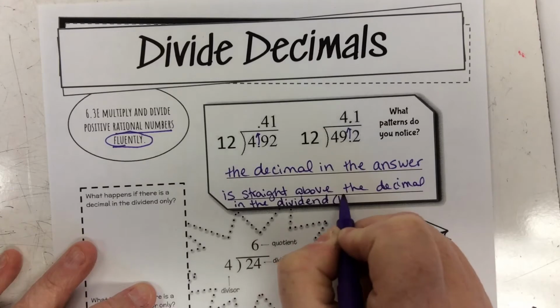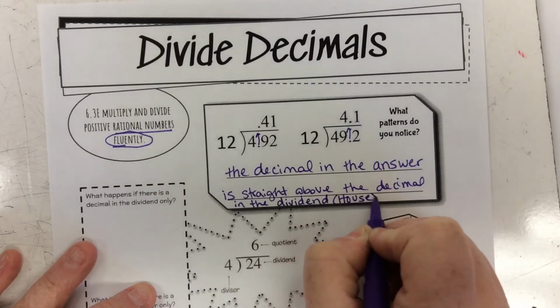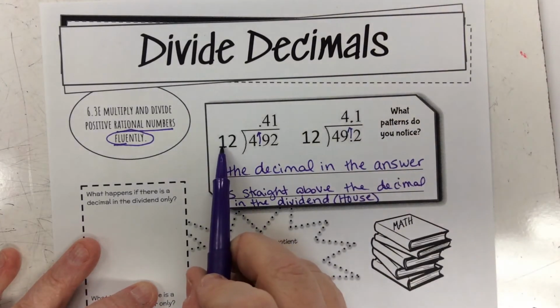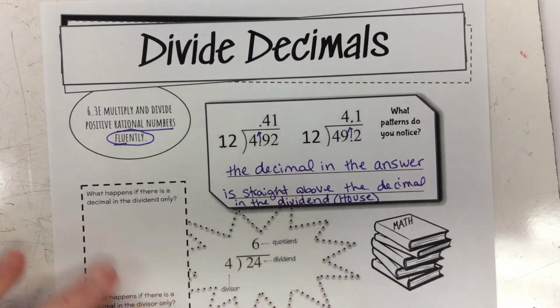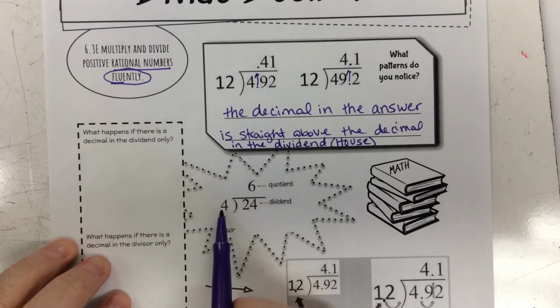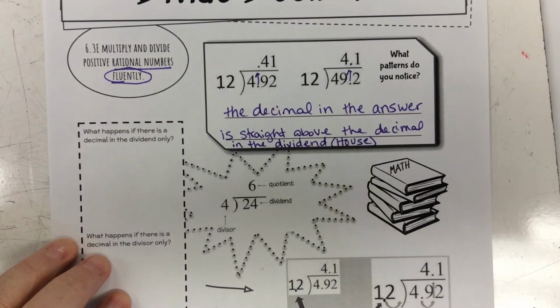The decimal up here is straight above the decimal in the house, as long as there's not a decimal out here anywhere. This is called the dividend, this is the divisor, and this is the quotient.